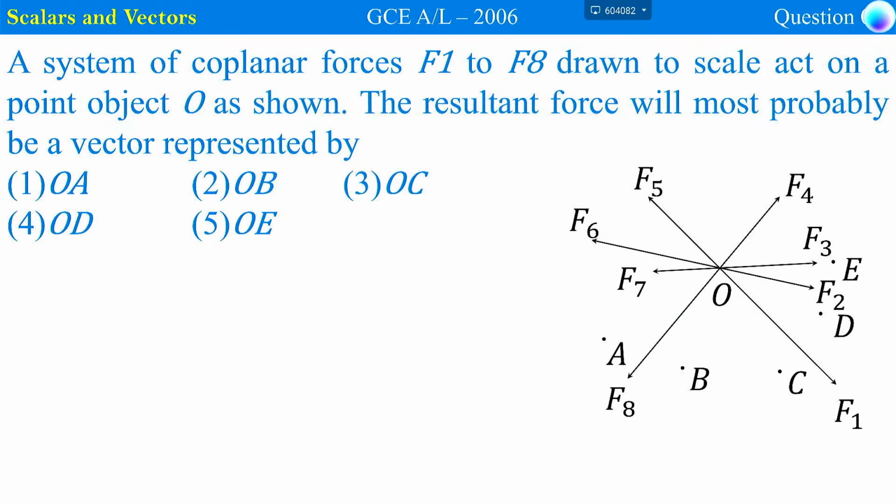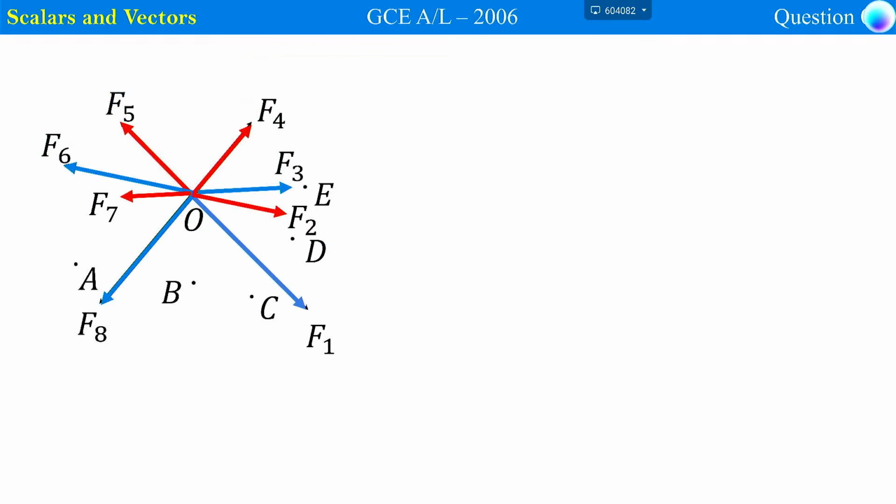So there are now 8 vectors. We properly draw them and I take one by one. I take F1 and F5 backward, and I take the resultant of F1 and F5 in orange or yellow color. Then I draw the next one, F3 and minus F7 opposite, so I can get the resultant of F3 and F7 in yellow color again.